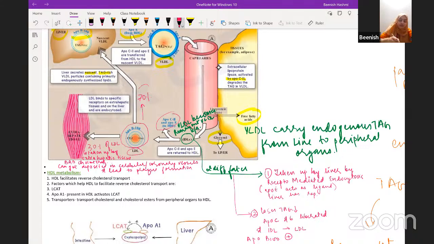One is that 70% of this is taken up by the liver by receptor-mediated endocytosis, and the ligand for this is ApoB100. The rest 30% is taken up by extrahepatic tissue. Again, the ligand is ApoB100. This 30% taken up by extrahepatic organs makes LDL the bad cholesterol, as it can get deposited in the coronary or cerebral vessels, leading to plaque formation.